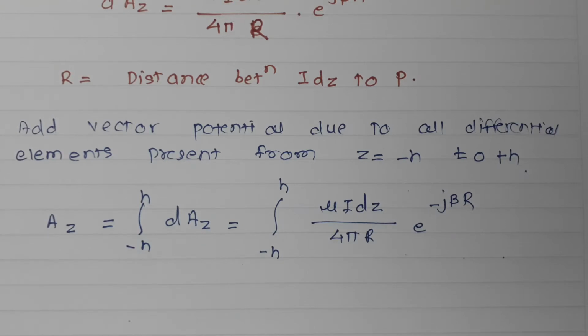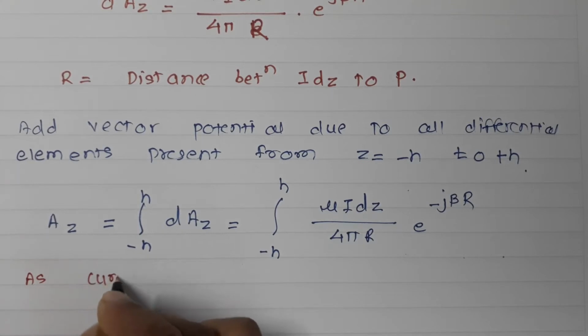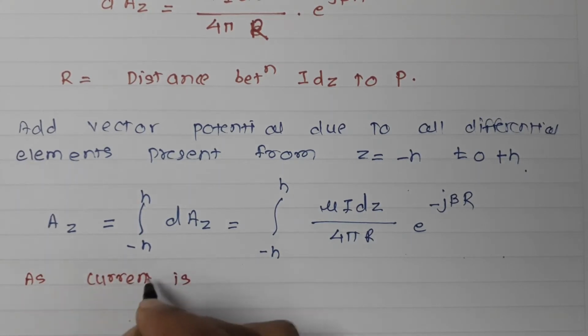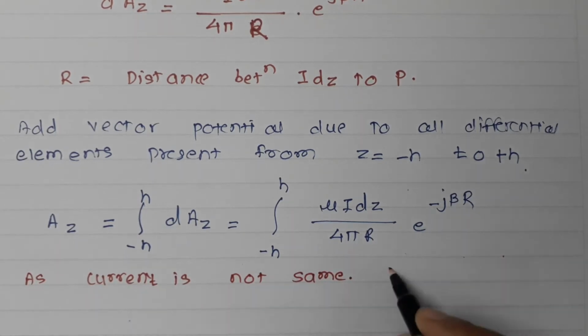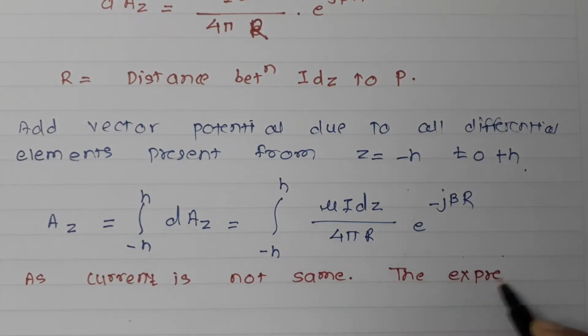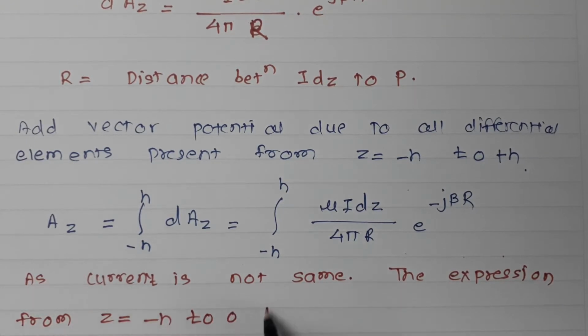As the current is not the same, the expression from z is equal to minus h to 0 is different, and from z is equal to 0 to h is different.